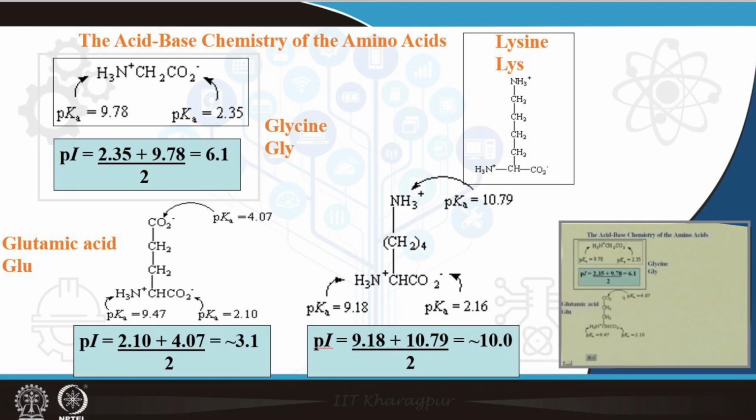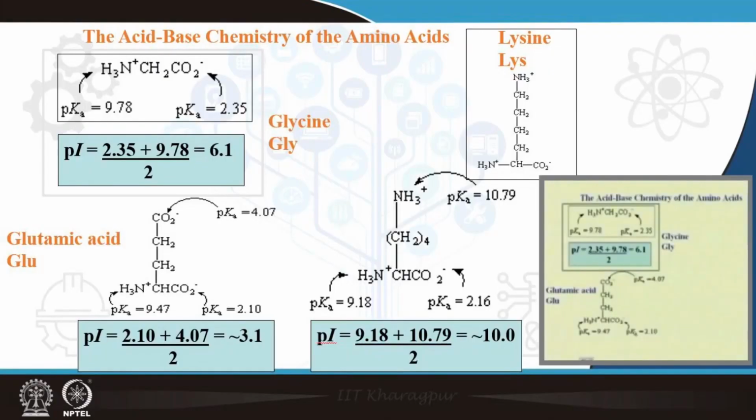What happens if I have a glutamate? When is the charge 0 for the glutamic acid? The charge is 0 for the glutamic acid when it is between these two. Now, this is pK2 for the amine, this is pKr, this is pKa.